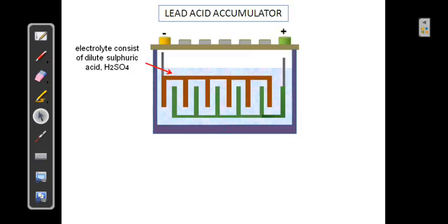Now this is another battery. This is in your mother's car, which we call the lead acid accumulator. It's the same thing. It is to produce a powerful battery to make your vehicle travel from London to Sydney, or from New York to Los Angeles, or from Arau to Johor Bahru or to Singapore, or from Kota Kinabalu to Kuching.